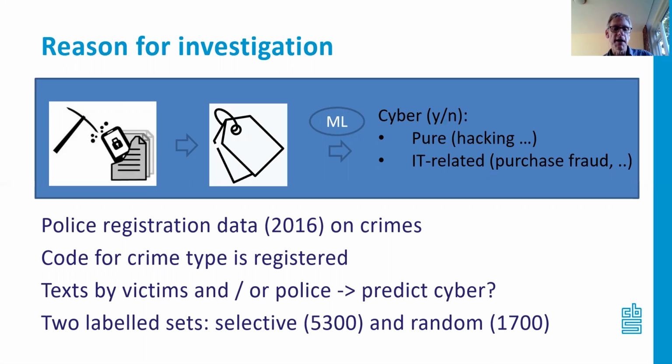The police also adds a code to each incident, and this concerns a code for crime type. The police themselves also can enter an incident in this registration, for instance, when there's a burglary or where there's a traffic incident. And they also will report certain text in the registration data.